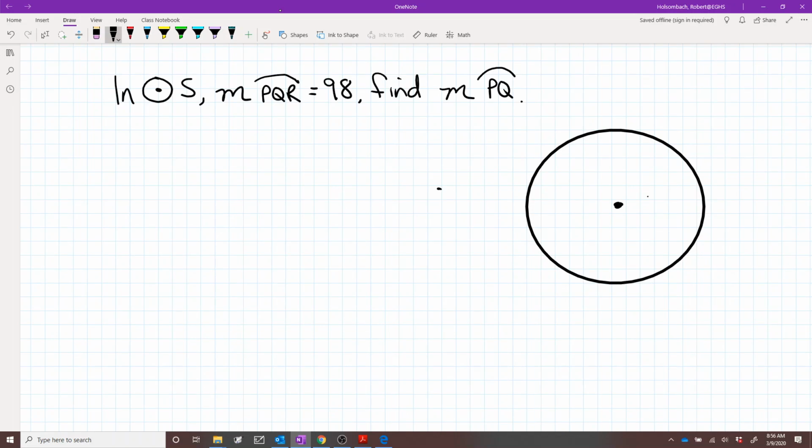Let's see, here's circle S. Here's a chord, P to R, or PR. Here's segment QS that is perpendicular.